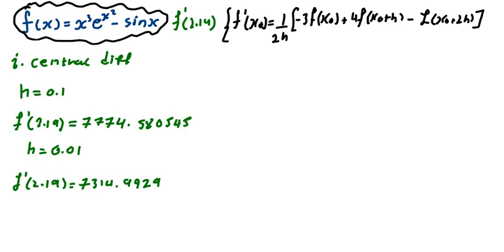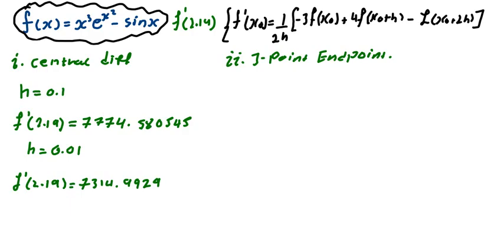Then the second one, we used a 3-point endpoint. What do we get? For the 3-point endpoint, we ended up with these two values.